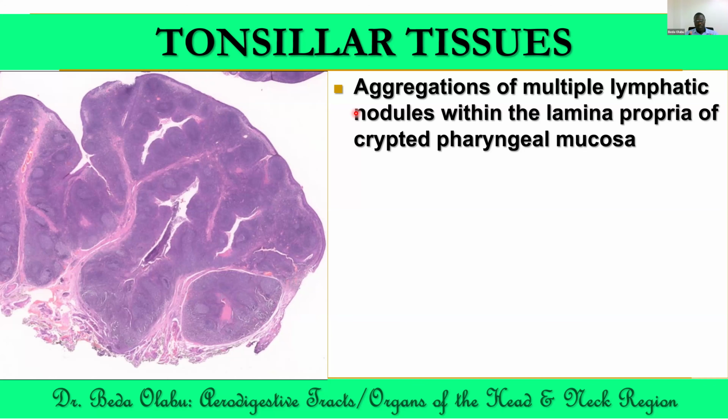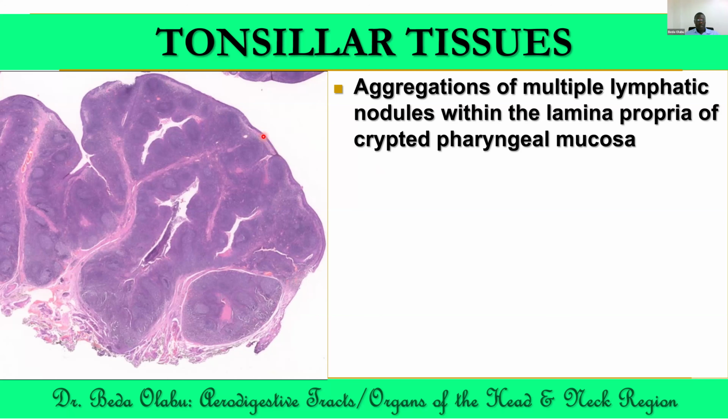So we have the pharyngeal tonsils, we have the tubotonsils, we have the palatine tonsils, and lastly, we have the linguotonsils. It's an interrupted ring of tonsillar tissue around the pharynx. Generally, these aggregations will be within the lamina propria of the mucosa.